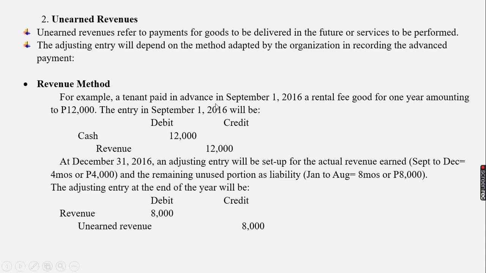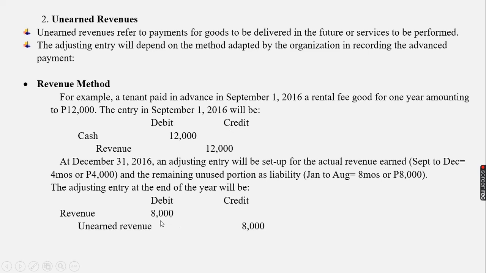Ayan. So, ang entry mo sa September 1, 2016, ito, cash and revenue. Pero, i-adjust mo yung entry mo sa December 31, 2016. Ngayon, ilalagay mo siya dito. Para, yung revenue mo na 12,000, mababawasan ng 8,000, so ang revenue mo talaga na makukuha mo, na i-adjust mo, na ilalagay mo sa trial balance is 4,000.